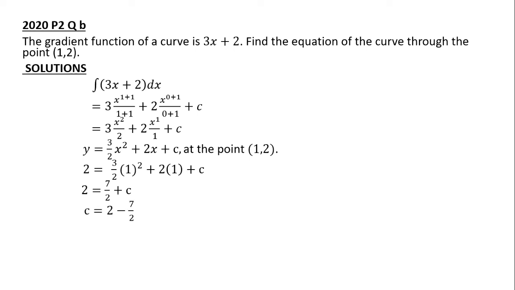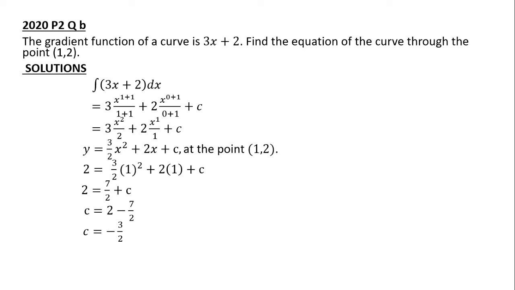Then we are going to group the like terms together. Solve that common fraction. 2 is the same as 2 over 1. Common denominator 2. 1 into 2 will give us a 2. 2 times 2 will give us a 4. When you subtract 4 minus 7, you get a negative 3. So our c is equal to negative 3 over 2.